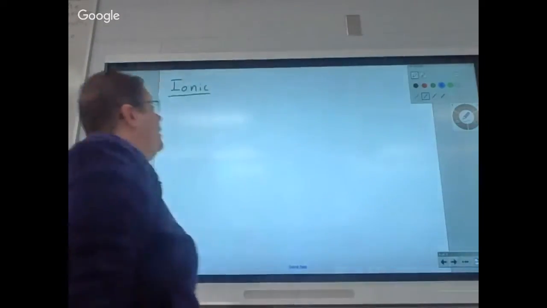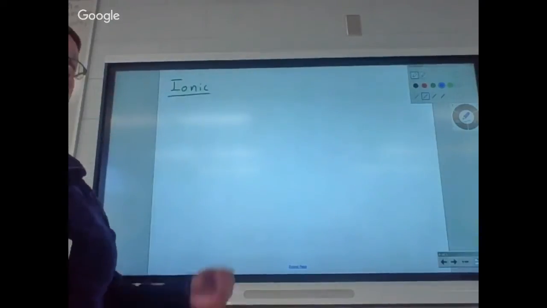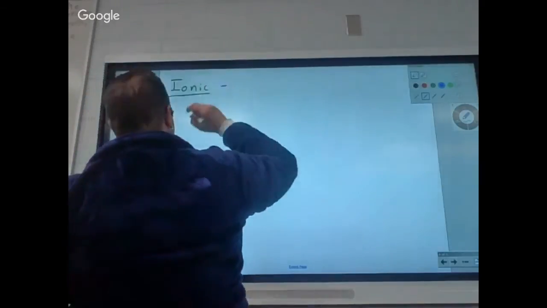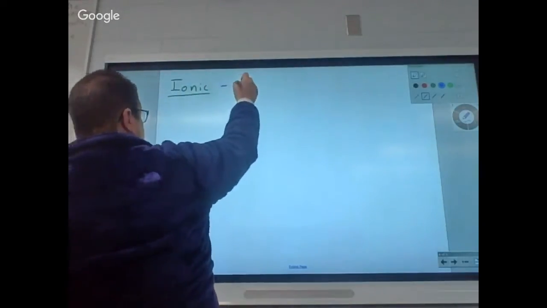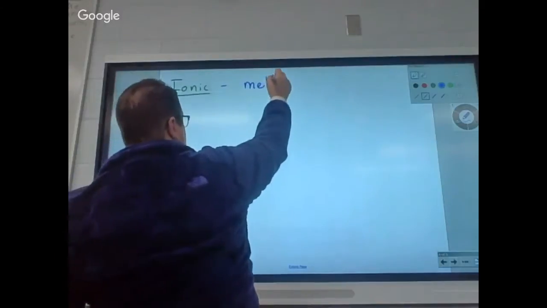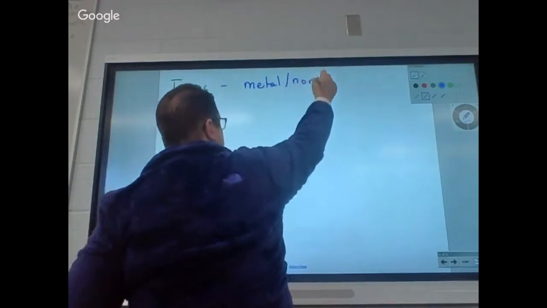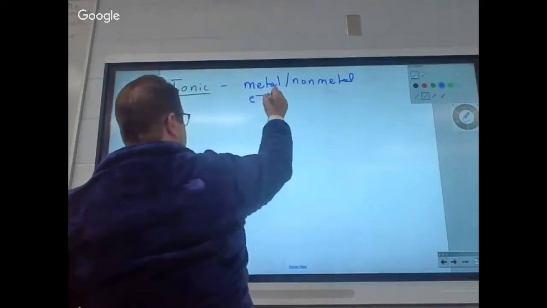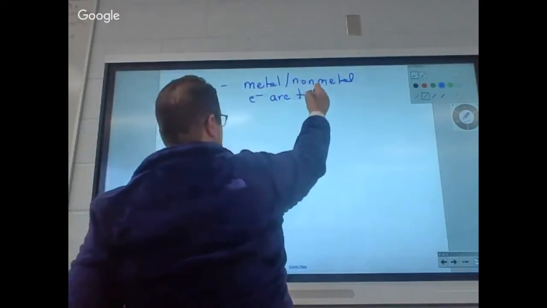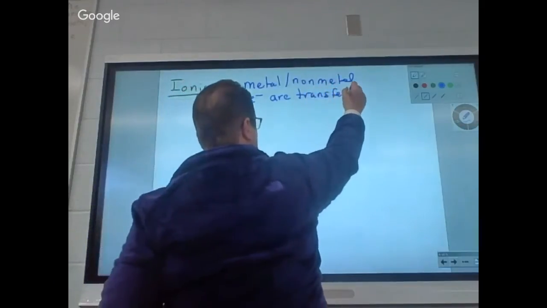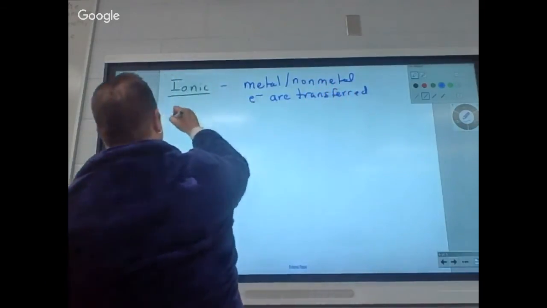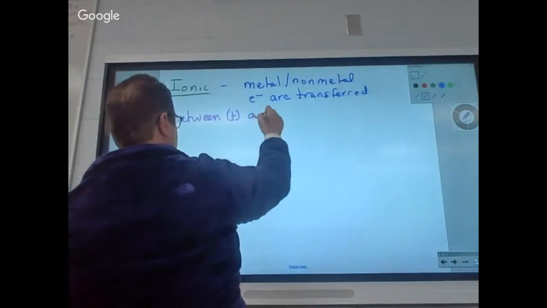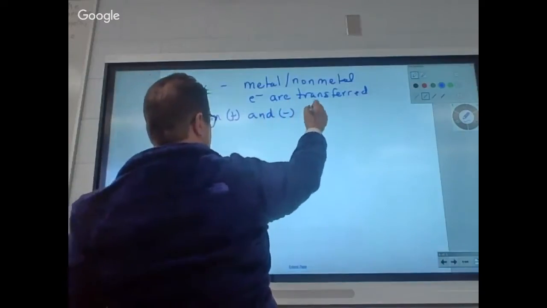Now, an ionic bond. How is an ionic bond different than a metallic bond? All right, an ionic bond, first of all, is between a metal and a non-metal. All right, we know that. We know that electrons are transferred between positive and negative ions.